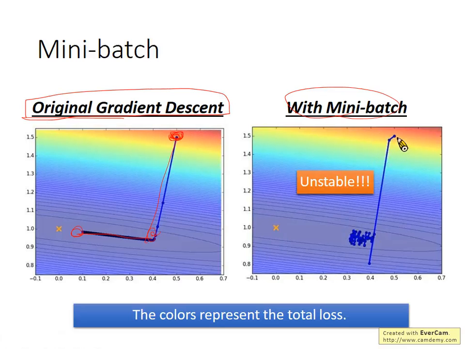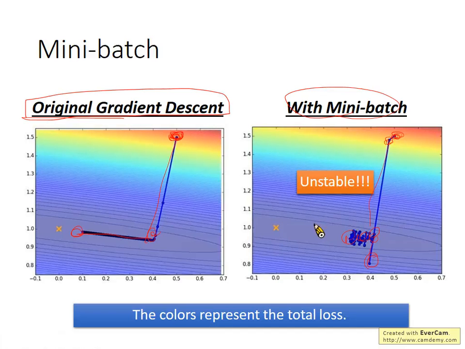According to the first batch, we may jump from this point to this point, and then according to the second batch, we jump to this point, and jump many times. In the original gradient descent, it may jump maybe just 2 times, but right now we jump many times.